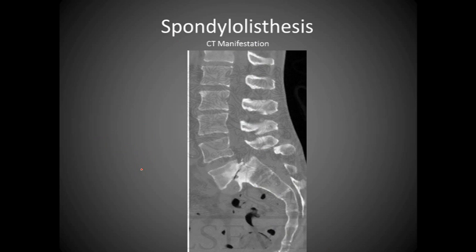Here's a pretty severe one, probably greater than 50%. So this is probably a type 3 at least. And notice we have the vertebrae here, and it should be sitting on S1 here. It's probably at least 65 to 75%. It could even be more than 75%.